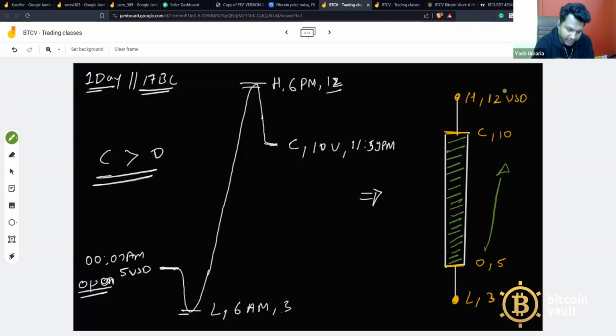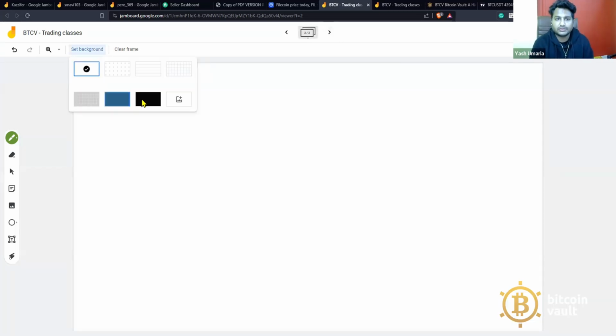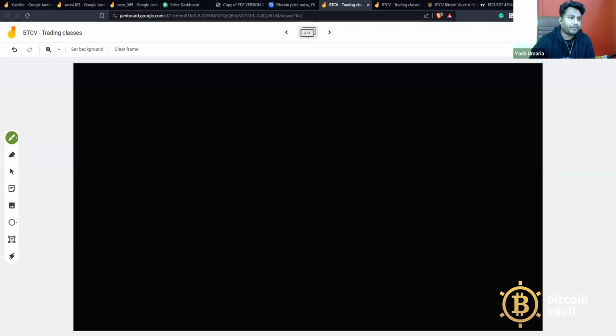This is an important part. Now let's take a different example. Let's say, again, a one-day chart. And the name of the coin is again, let's say, ABC. Now, in this case, what happened? Let's say the market opens at 10 USD.